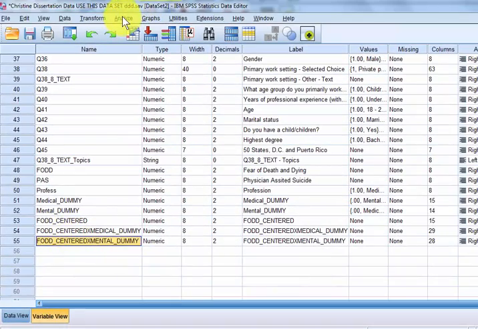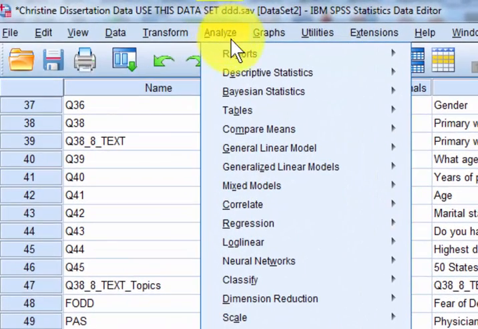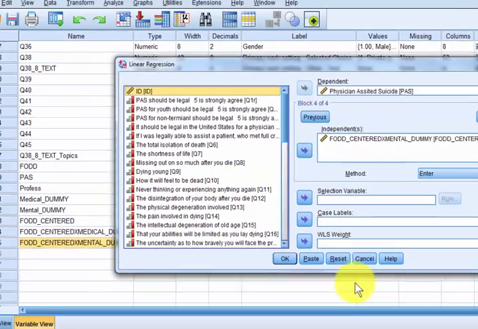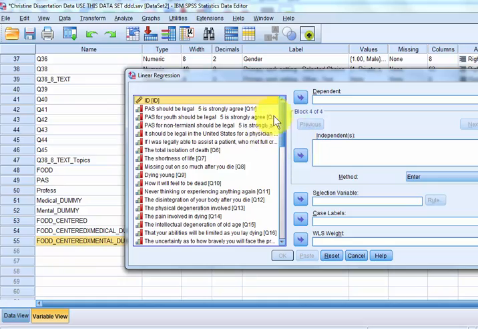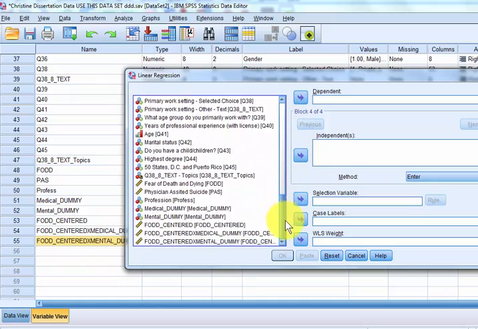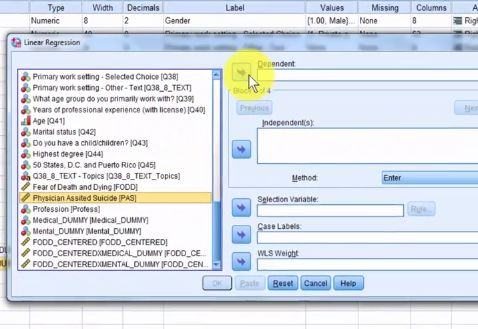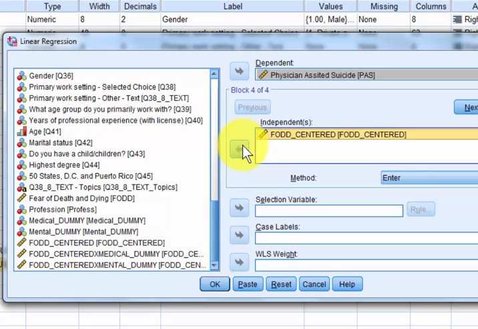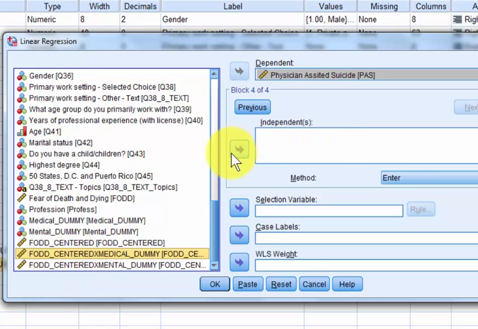So I'm going to go to Analyze, Regression, Linear. Let me reset this. The DV is PAS. The first thing we're going to stick in there is the centered fear of dying, which is just like the regular fear of dying, so we already know that is going to be significant. The next one is I'm going to stick in one dummy coded variable, medical.